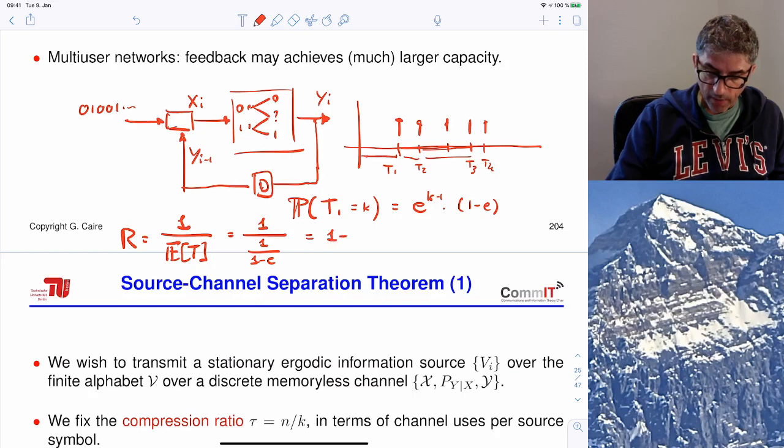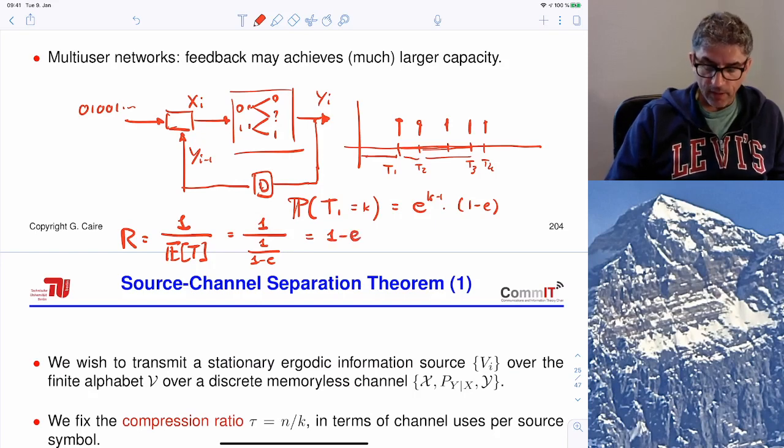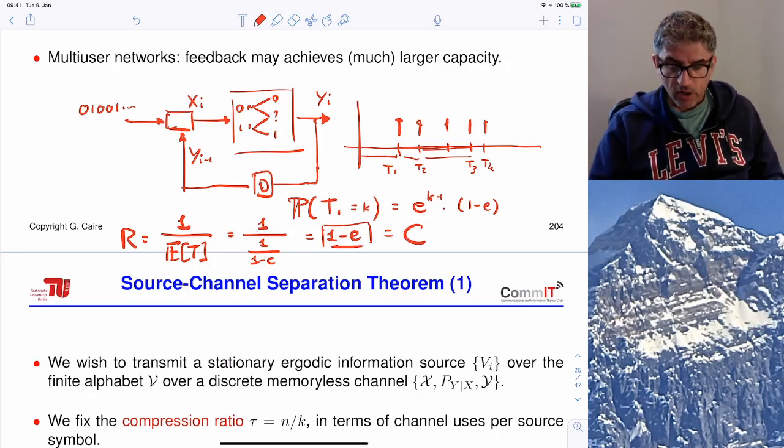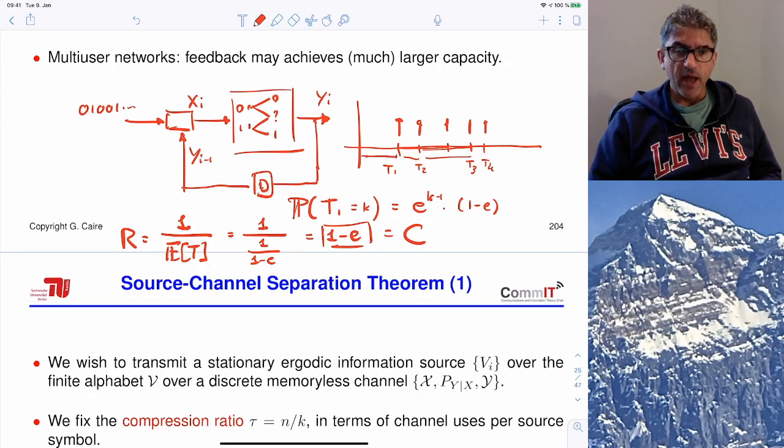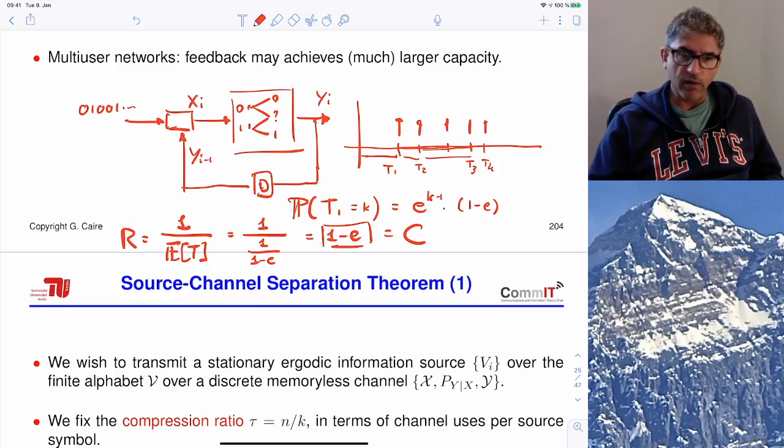So we get 1 minus E. And this is exactly C, if you remember, the capacity of the BEC. So this very simple adaptive repetition with feedback gives us rate equal to capacity for this case, which is amazing, right? We have a super simple scheme that requires no coding, just adaptive repetition, that can work at capacity.